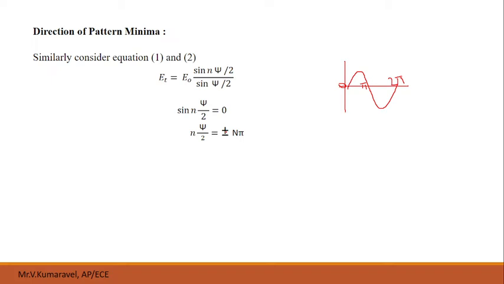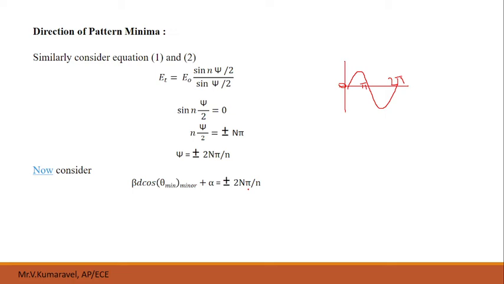Now let us rearrange it in the similar manner as in the previous case. Xi equal to capital N pi into 2 divided by small n. We know that xi equal to beta d cos theta, so beta d cos theta minima of minor lobe plus alpha equal to plus or minus 2 N pi divided by n.